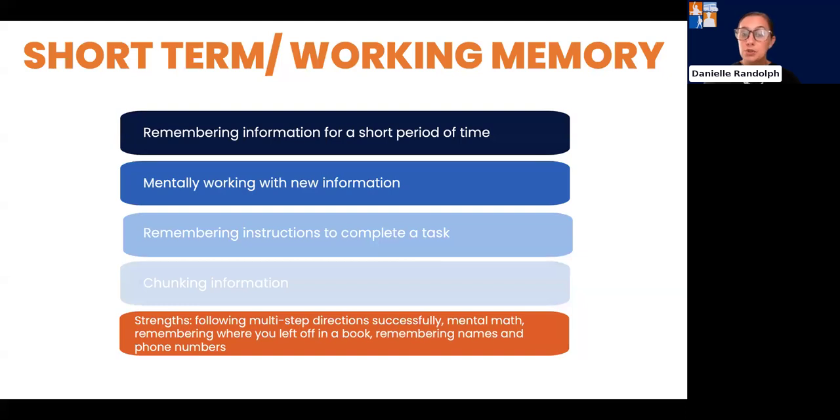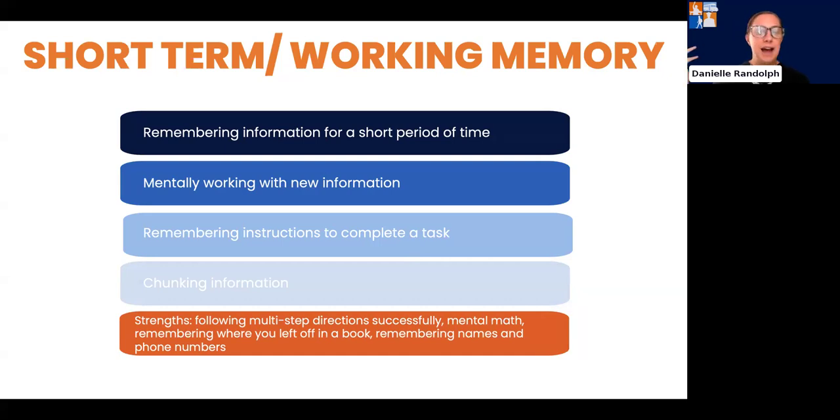Being able to remember instructions to complete a task, especially if we think about sitting in a classroom, if a teacher's giving 1, 2, 3 step directions, being able to hear it, comprehend it, and then do those tasks that are being asked of you. Being able to chunk information. Sometimes you're going to the grocery store and you ask, what do I need from the store?